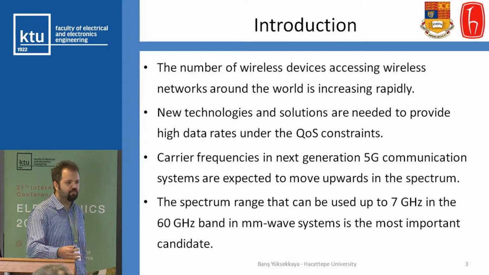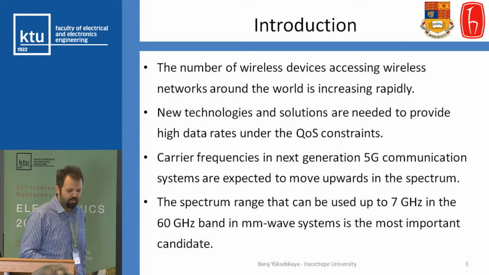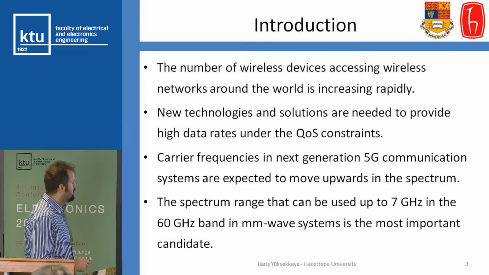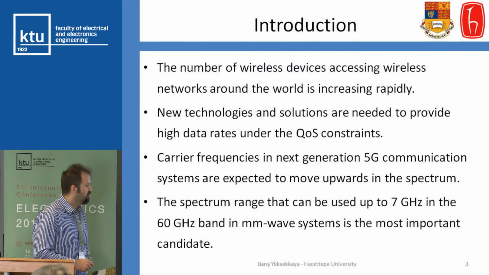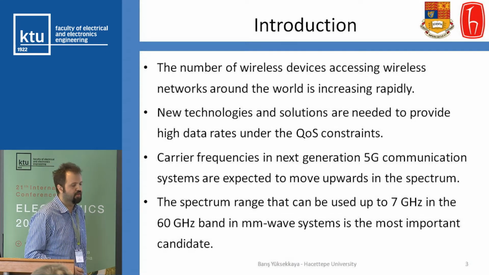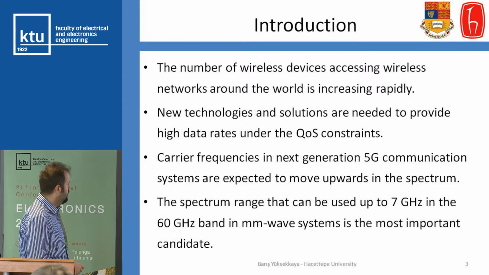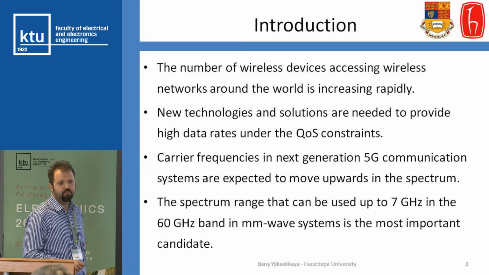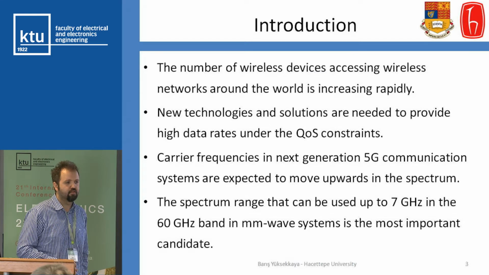So we need 5G, maybe later 6G, and we need new technologies that take quality of service constraints like interference into account. For example, the carrier frequencies that we use today are usually under 10 gigahertz.